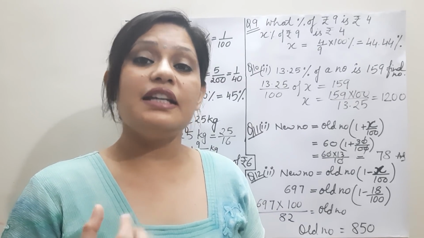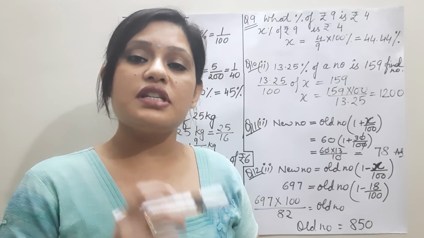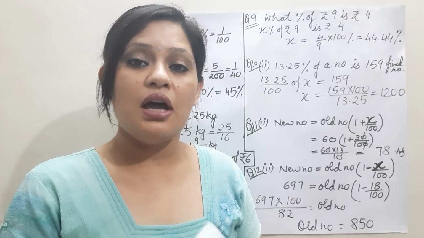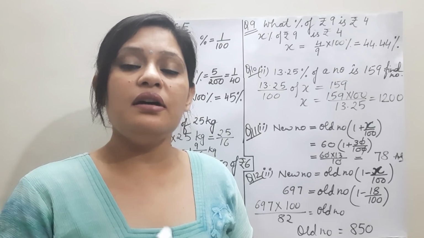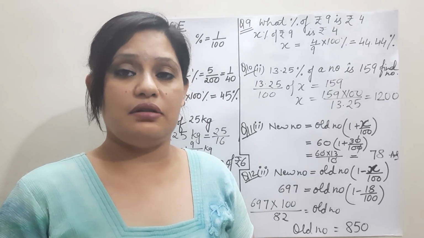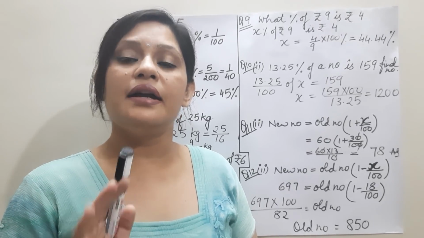I said 19 upon 100 is equal to 19% because it is 19 out of 100. This is the definition of percent. Out of 100 is known as percent. Clear? So we can draw a conclusion that percent sign is equivalent to 1 upon 100.